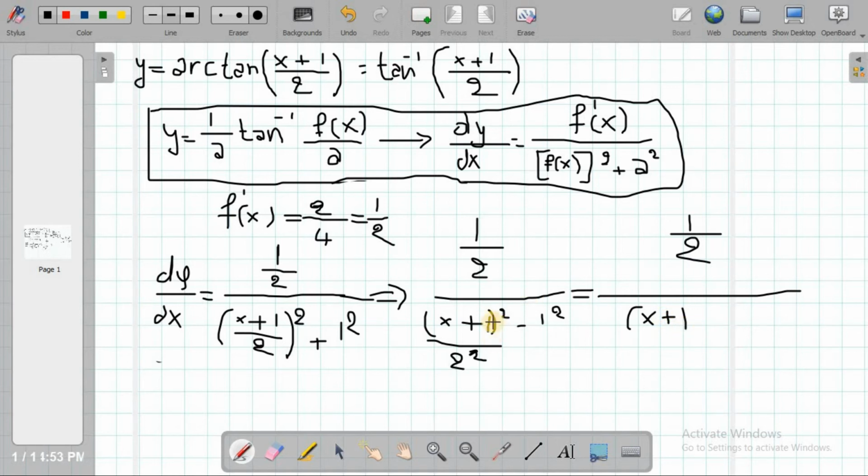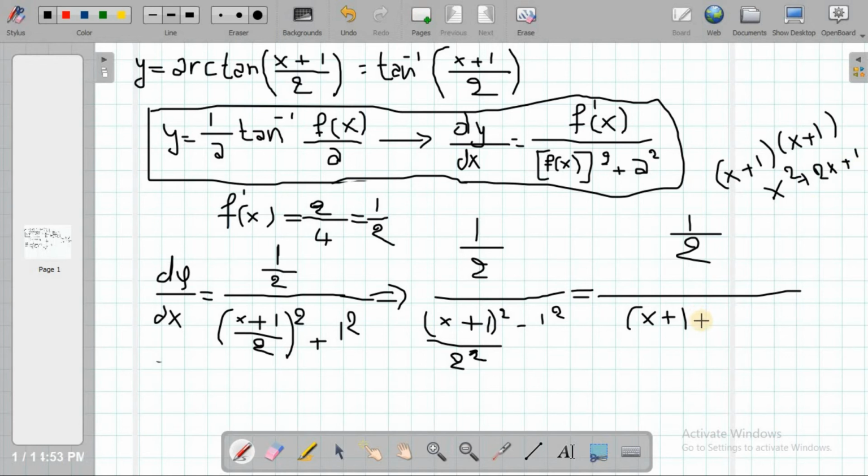If we have a bracket, we can write it twice: x plus 1 times x plus 1. And we break the bracket, which is going to have x squared plus 2x plus 1.